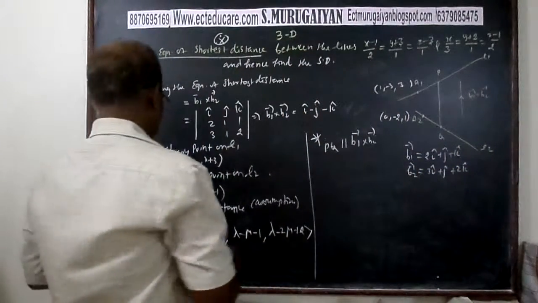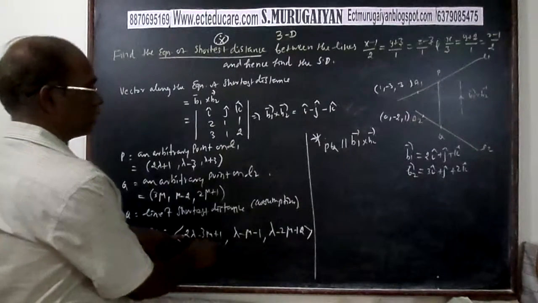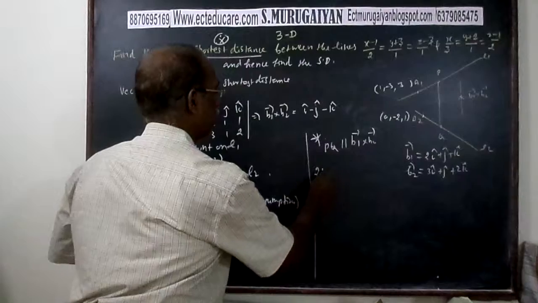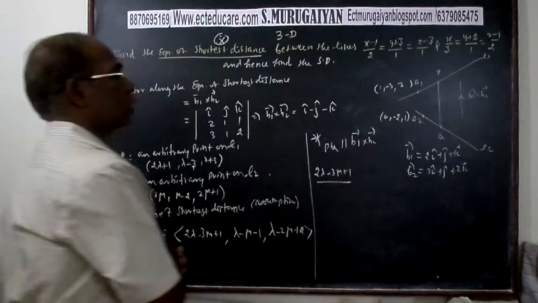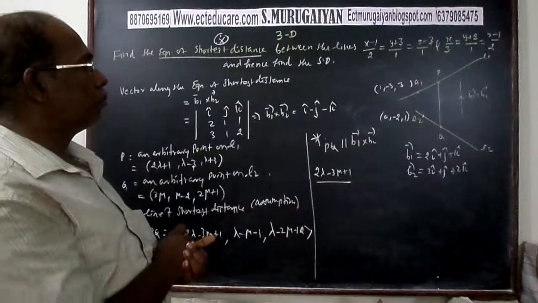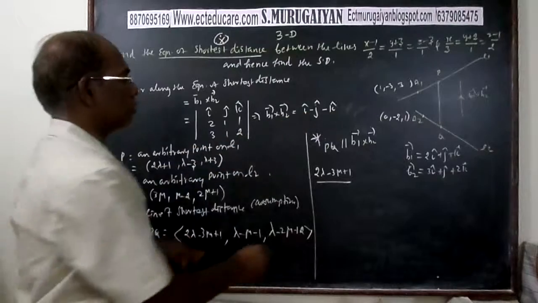That is, the direction ratio of PQ with respect to the x-axis, 2 lambda minus 3 mu, must be proportional to the x component of B1 cross B2, that is 1.